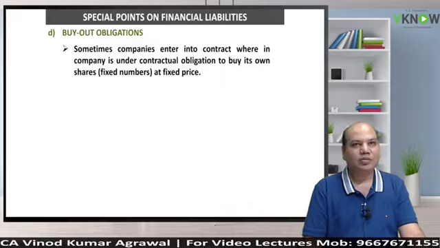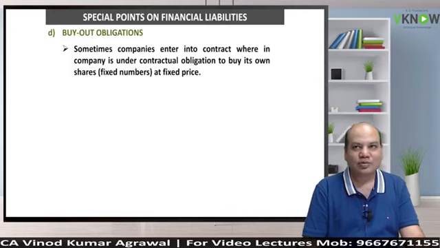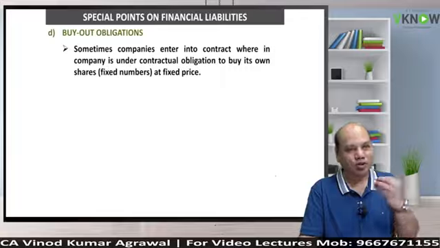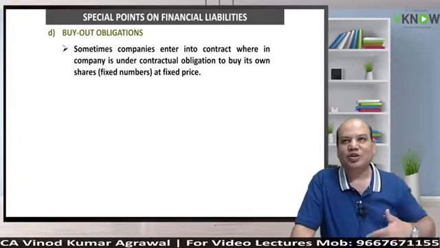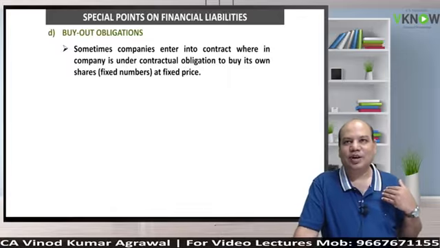What if I don't find a good price after 1 year? You say, don't worry, we will buy out your stake at a certain amount. That is called buyout obligation. So a contract entered into today to purchase your own shares at a future date.